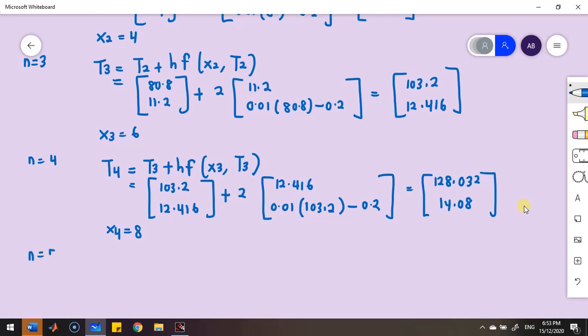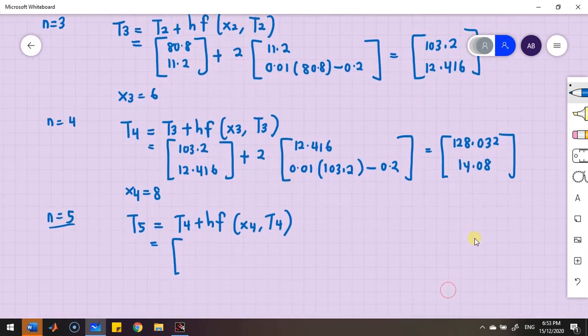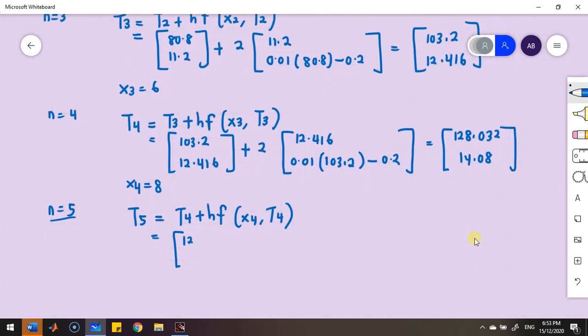Now for n equals 5, I have t5 equals t4 plus h f of x4, t4. So I have 128.032, 14.08 plus 2, then the function 14.08, 0.01, 128.032 minus 0.2.